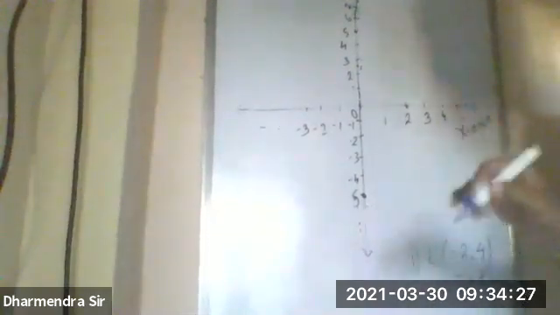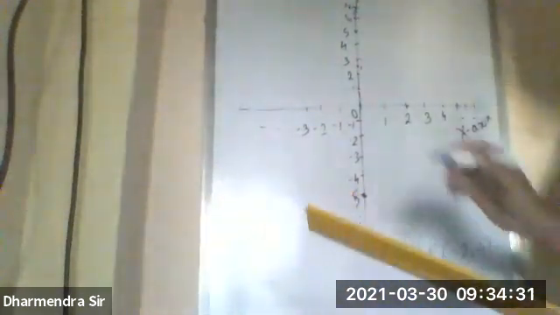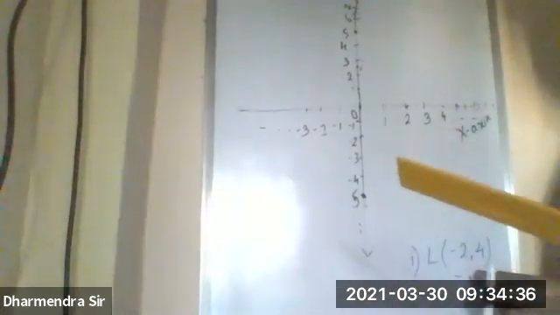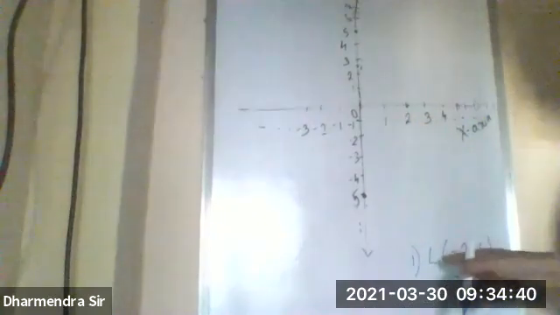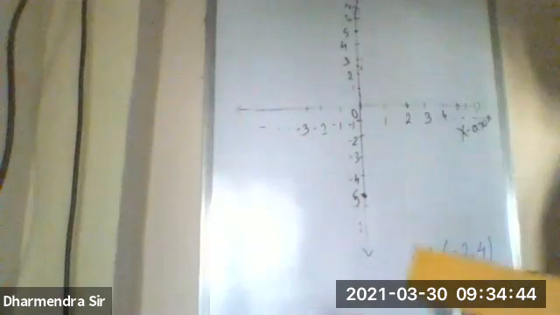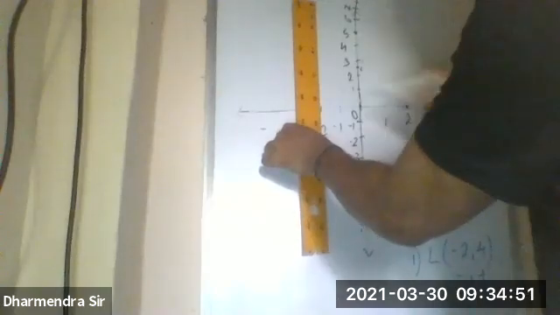I'll be using a dotted line to represent this. The intersection of -2 and 4 will give us the exact location of this point L, that is (-2, 4). Let's see how. I'm using the scale.